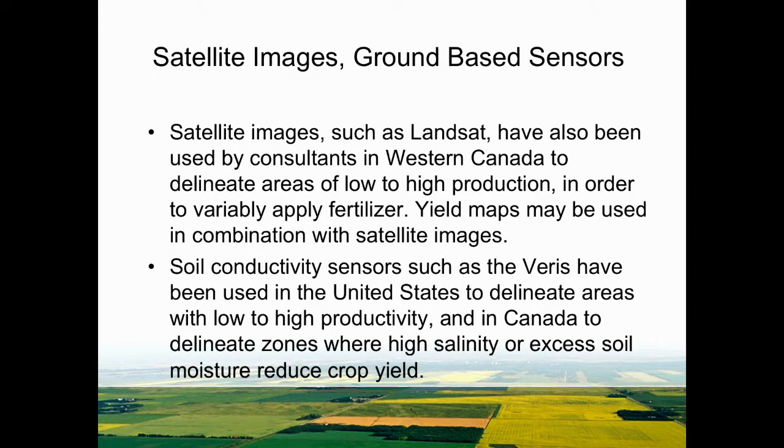Satellite images such as Landsat have been used throughout Western Canada and certainly can be used to define areas of low and high production. And yield maps can be used in conjunction with these satellite images. Conductivity instruments such as the Veris have been used in the United States to delineate areas of high and low productivity, and in Canada to identify the areas particularly where there's high salinity that reduces yield.